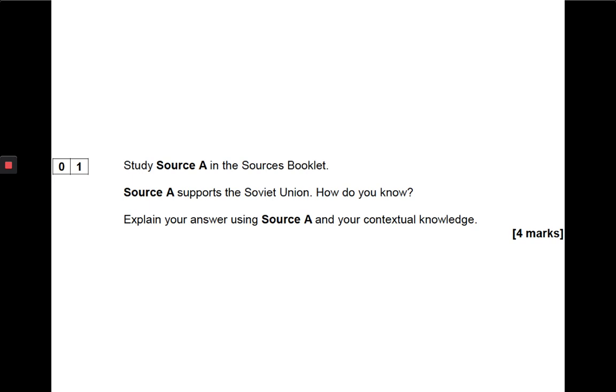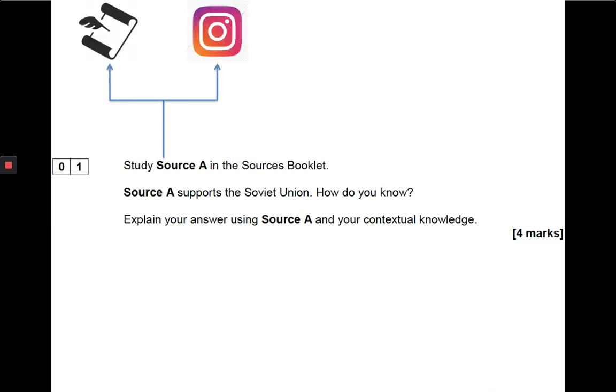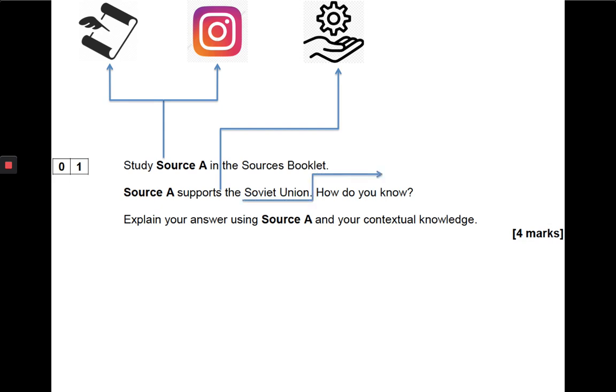So we can recap some of our images here to help you remember what each means. Start off with it's a source, so we know that it's either going to be written or visual. We've got our word here, it is supports rather than opposes. It's quite simple, as is the tail of the question, just the last bit after supports, the Soviet Union.